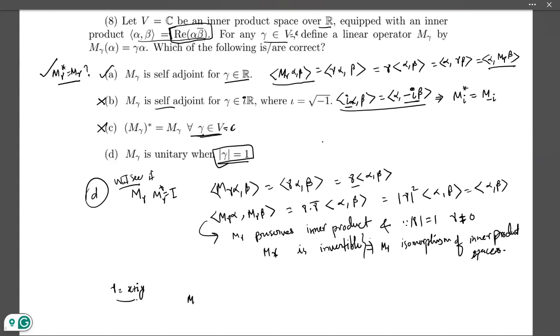Then M gamma applied to some random vector alpha plus i beta will be equal to usual multiplication: alpha x minus beta y, minus, sorry, plus i times beta x plus alpha y. Okay, this is your M gamma, which is defined explicitly.